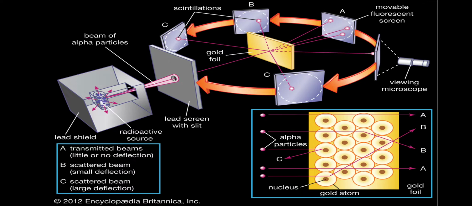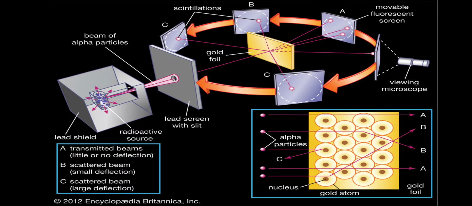Now at A, at the fluorescent screen, there is little scattering, a transmitted beam, there's little or no deflection at all. But for B and C there are huge deflections of the scattered beam. So why is that?